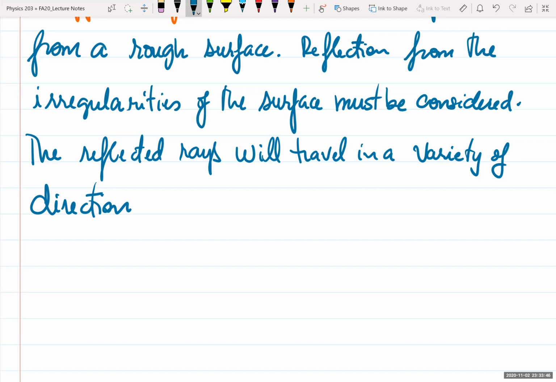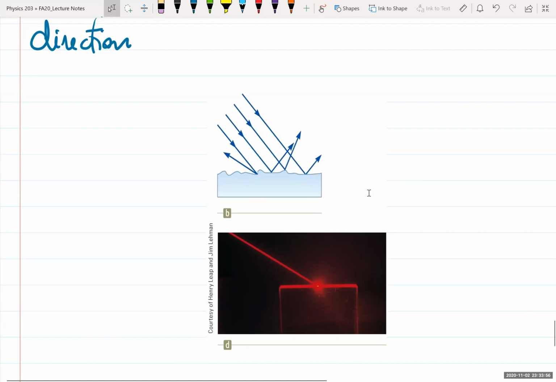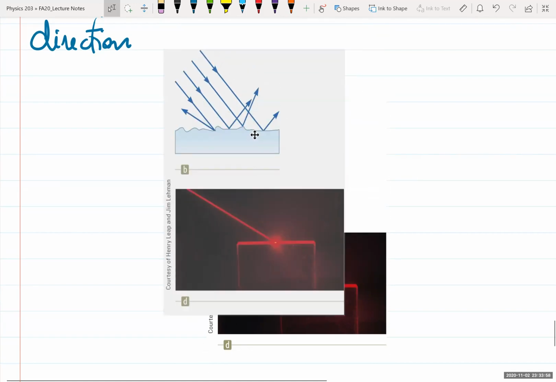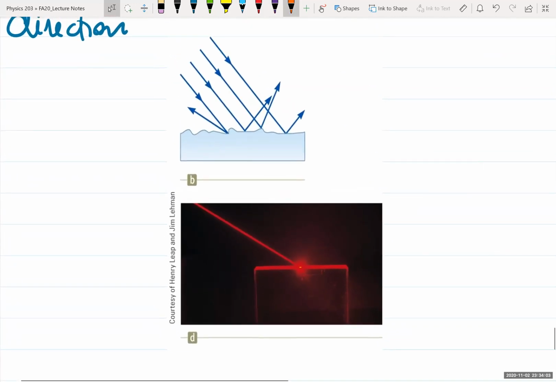Okay, most objects are visible to us because of this type of reflection. Let me bring a picture for that real quick. Notice in this picture, now we have these little hills and valleys. When the light hits those hills and valleys, the bouncing of the reflected rays is going to be kind of random, and the rays are not parallel to each other.